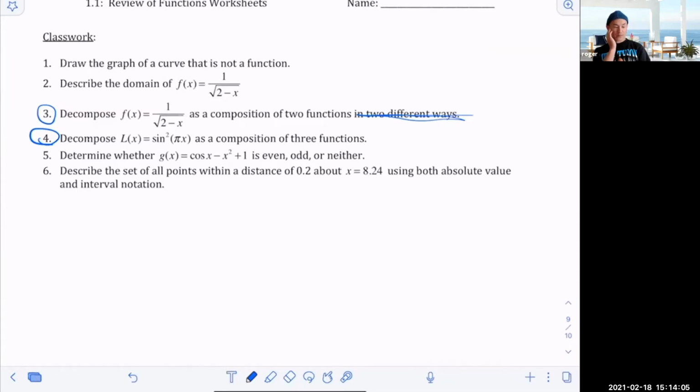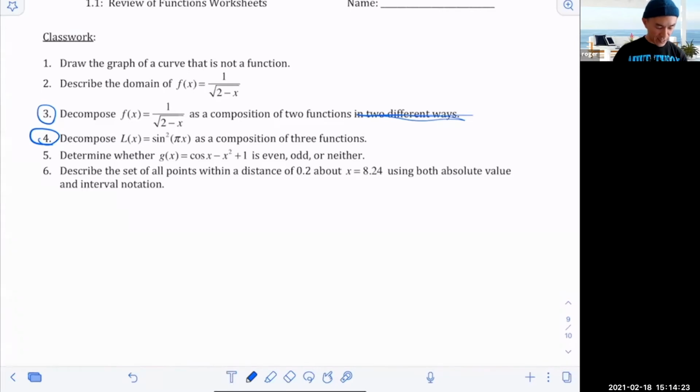So there is probably more than one way to do this, but for the purposes of calculus, there is kind of a best way to do this. And I'm hoping that you guys wrote it like this.